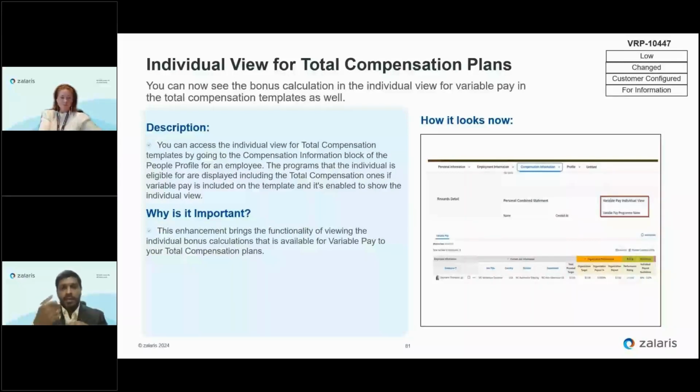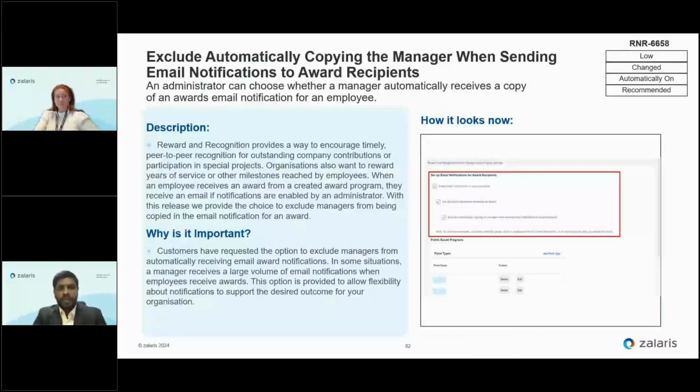Now this has been enabled and you can see the variable pay individual view. You can see the statement available in the same section. This enhancement brings you the functionality of viewing individual bonus calculations. Whichever are available in variable pay can be viewed in this particular section. Okay, moving on to the next one.